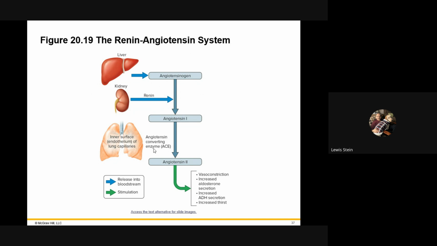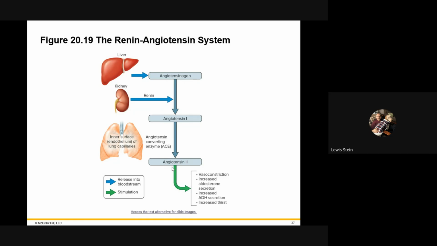That angiotensin converting enzyme effectively activates it into the active form, angiotensin 2. If you want to raise your blood pressure, you tighten the arteries, so angiotensin acts particularly on the arteries. Remember, that bottom number, the diastolic, is all about tension.